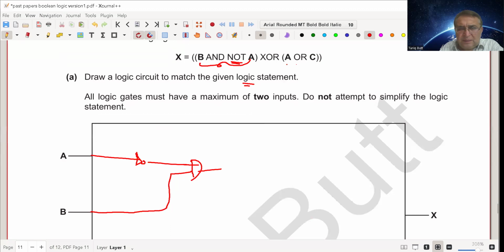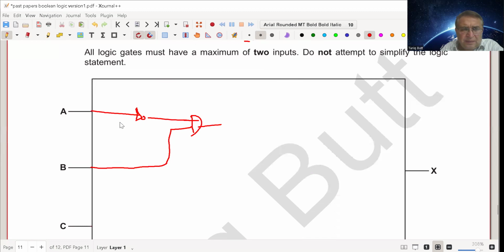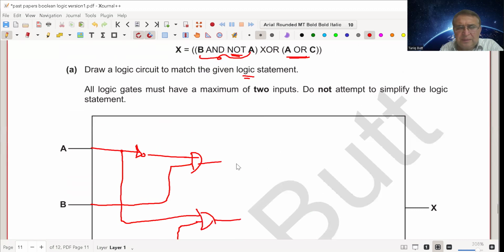Another you need A or C. So A, you can get A from here. This is A or C. Fine.